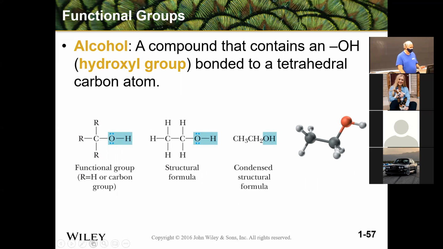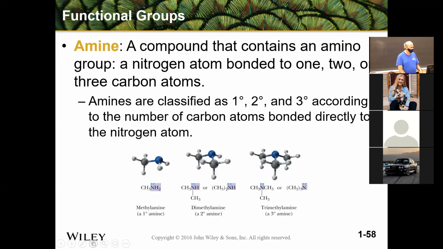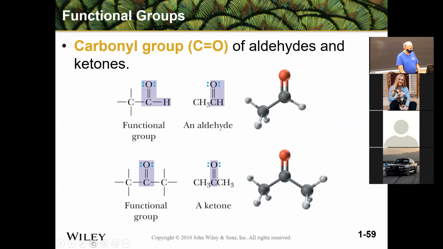For example, OH, if I were to draw ethanol, identify the functional group, that's an alcohol. These are examples of amines. Aldehydes and ketones. Make sure you recognize the difference between aldehydes and ketones. Aldehydes and carboxylic acids often get confused.